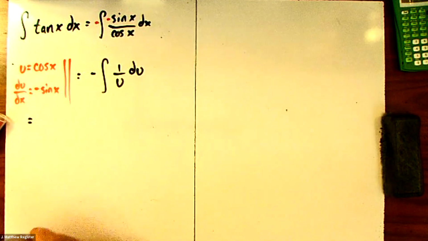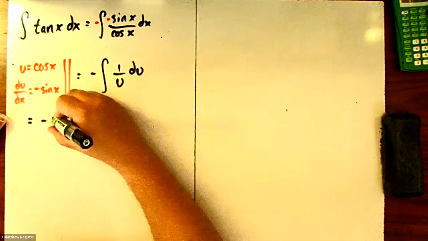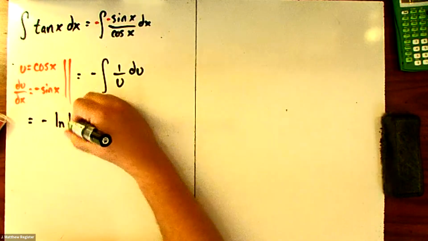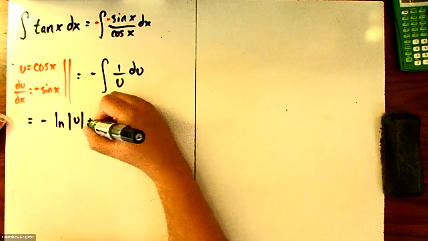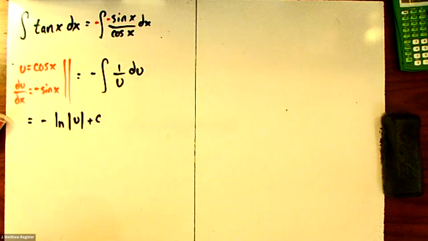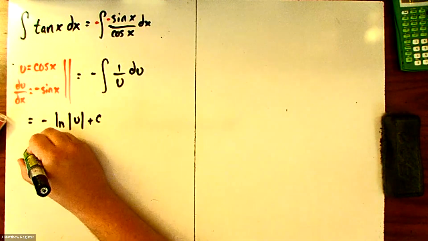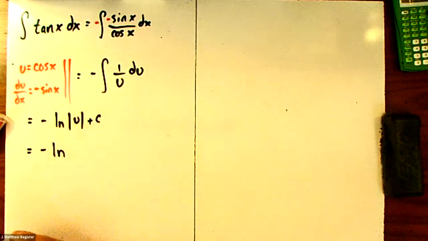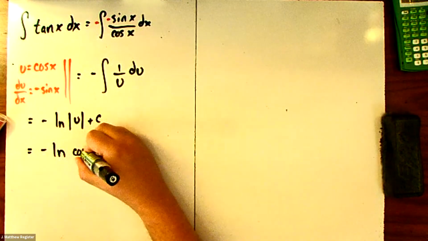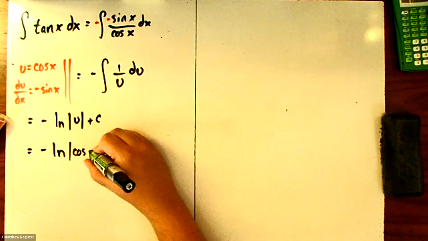And so we end up getting that this is negative the natural log of the absolute value of u plus c. And then our u we can substitute back in, and we get that it is equal to the negative natural log of cosine of x.